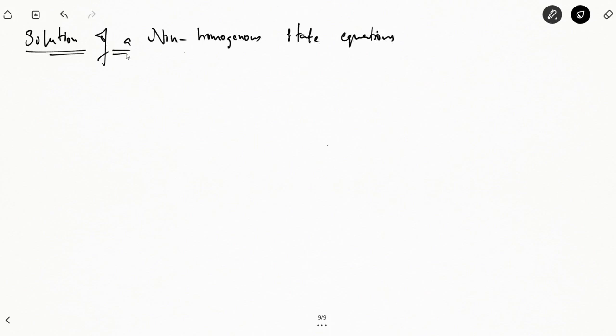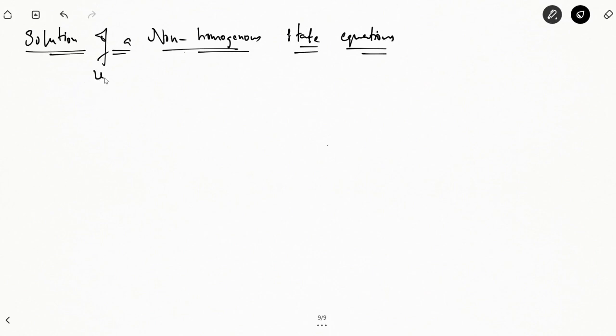So in case of homogeneous state equations, x(t) is equal to phi(t) into x0, where phi(t) is basically your Laplace inverse of (sI minus A) inverse, known as the state transition matrix. The state transition matrix basically implies a matrix that will transform the states of a system from their initial time to their final time.